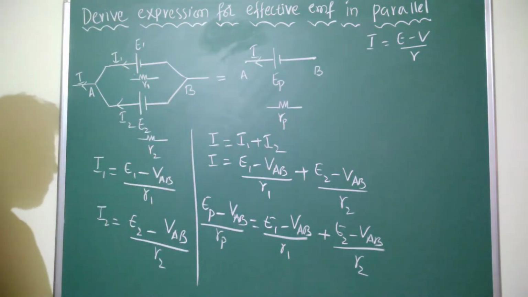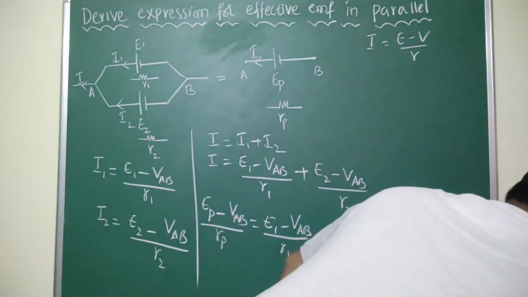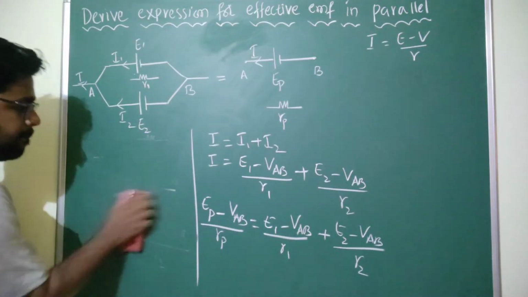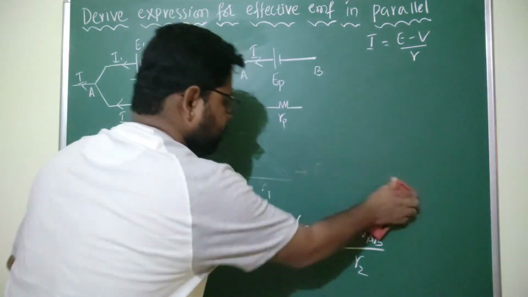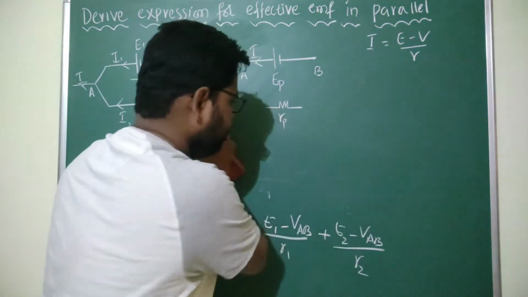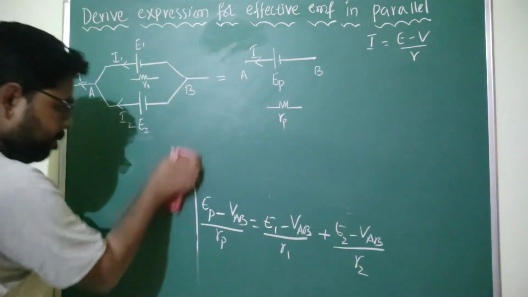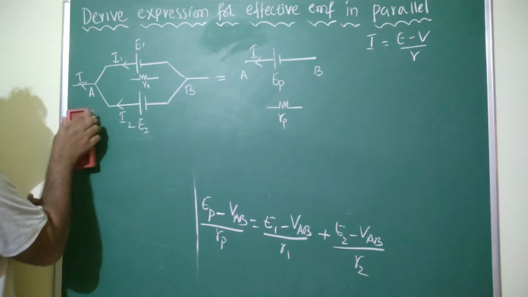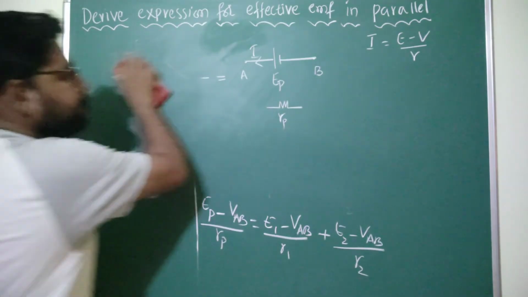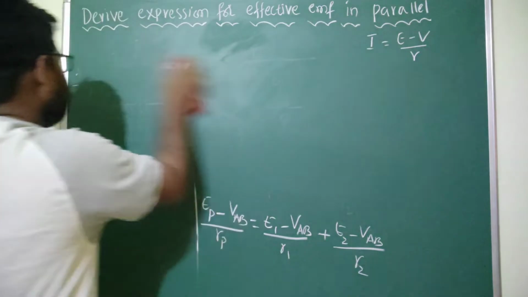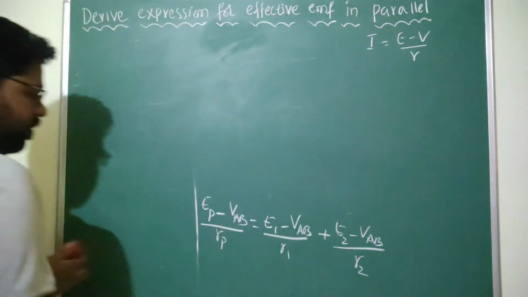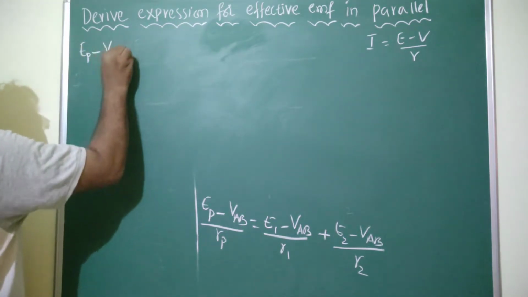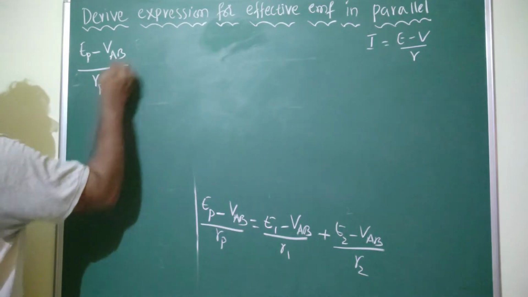So let me write this solution. My EP minus VAB divided by RP expression turns out to be like this.